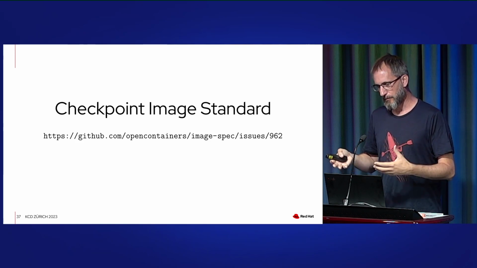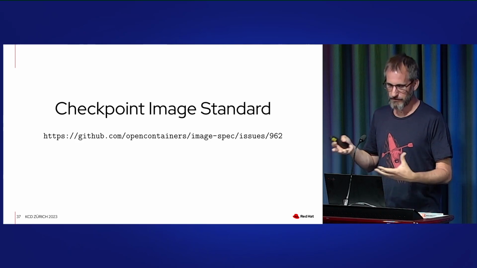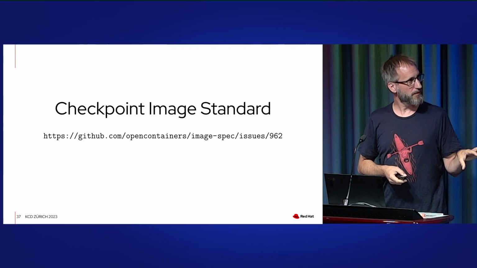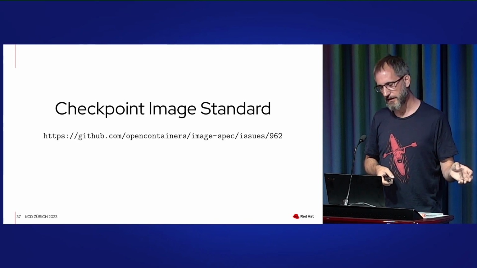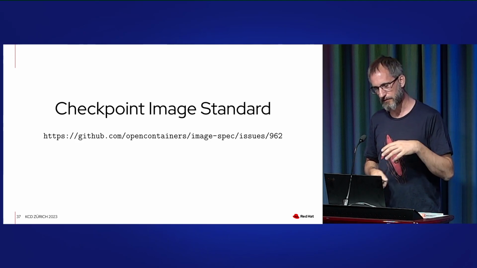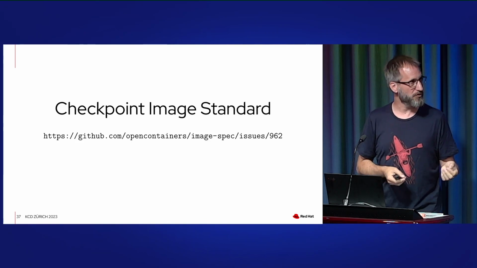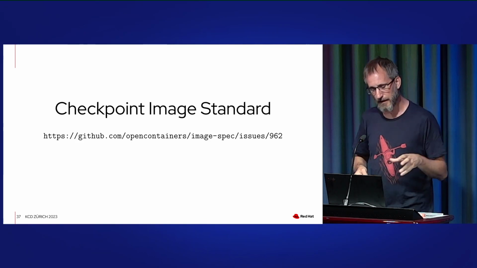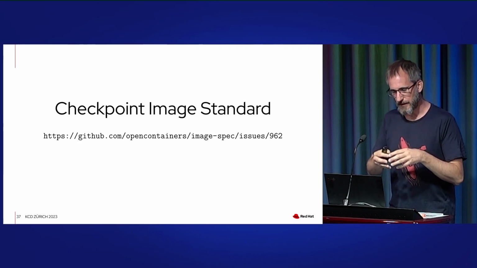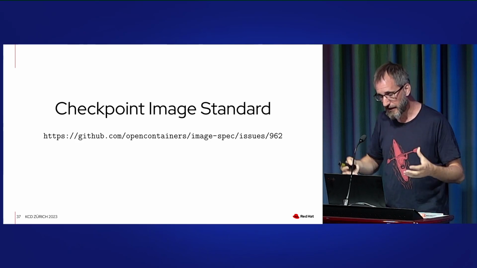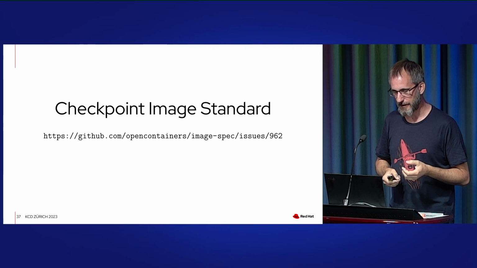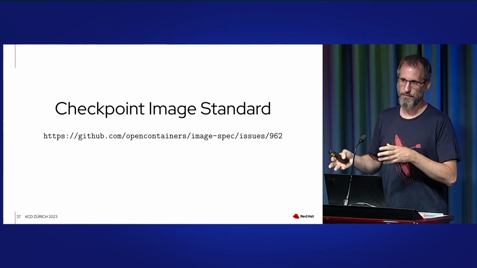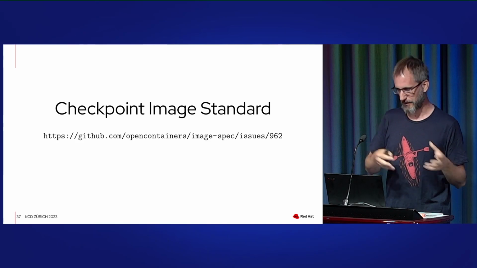But we prefer to have a standard because there's a container format for checkpoints in containerd, and now I have done one in CRI-O. I was not able to use the one from containerd because it's based on internal protobuf structures from containerd. So it would be nice just to have something standardized which we can all use, and which would make it easier for containers to be migrated from one container runtime to another container runtime.